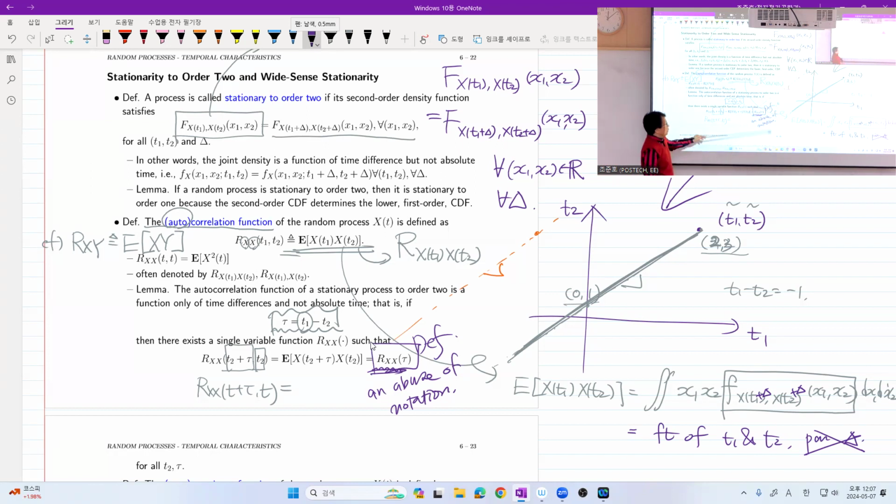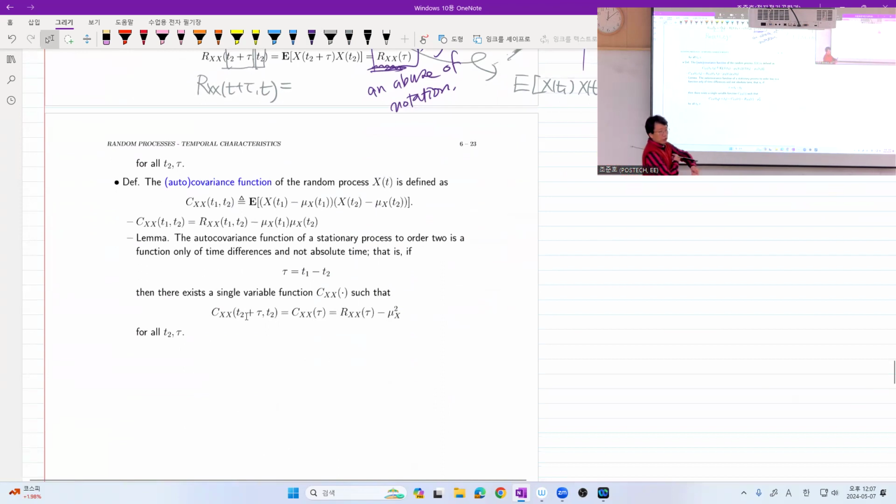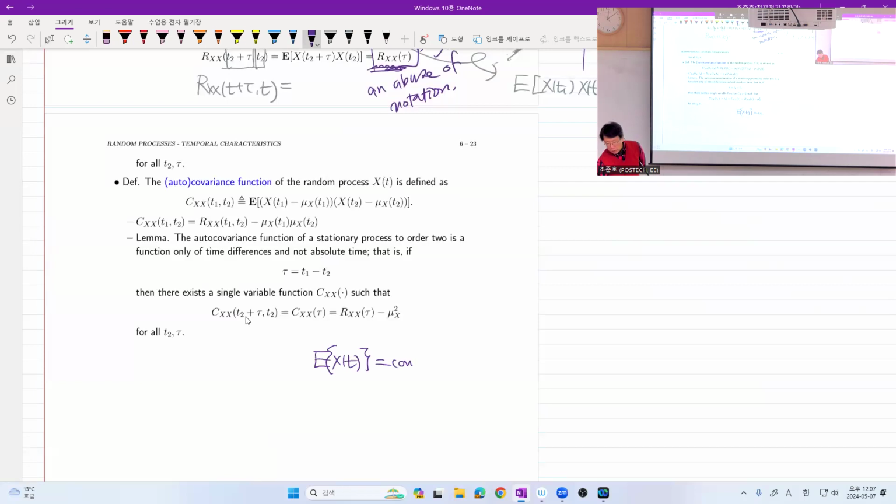However, there is another definition. Hey, what if just the moments are stationary? What does that mean? The sample path gives you the mean path. This autocorrelation function may give you an autocorrelation function parameterized by tau. And what if the expected value of x of t equals a constant for all t, and the autocorrelation function is a function of tau only, time difference only.